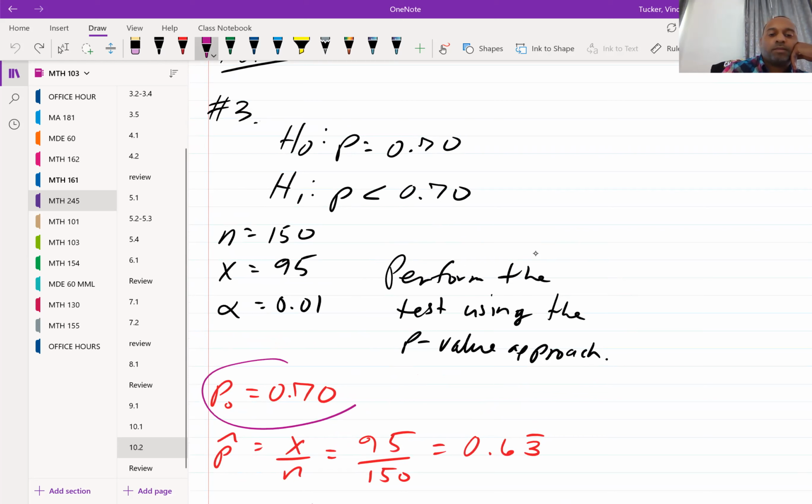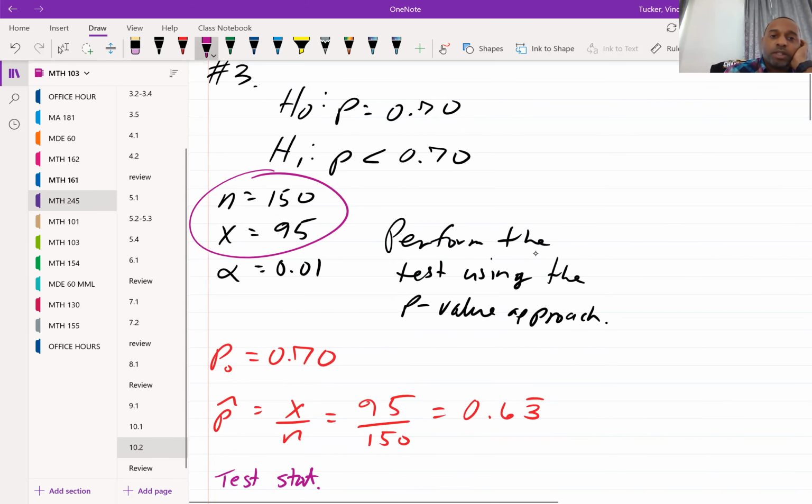P naught is always the value up here, the value that you're comparing to with your hypothesis test. To find P hat, we talked about that before: you take X and place it over N. So 95 over 150 gives me 0.6, and then 3 repeated.